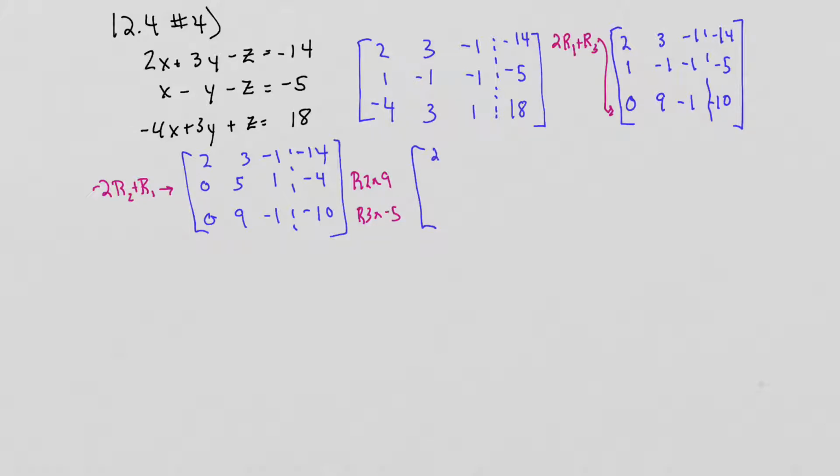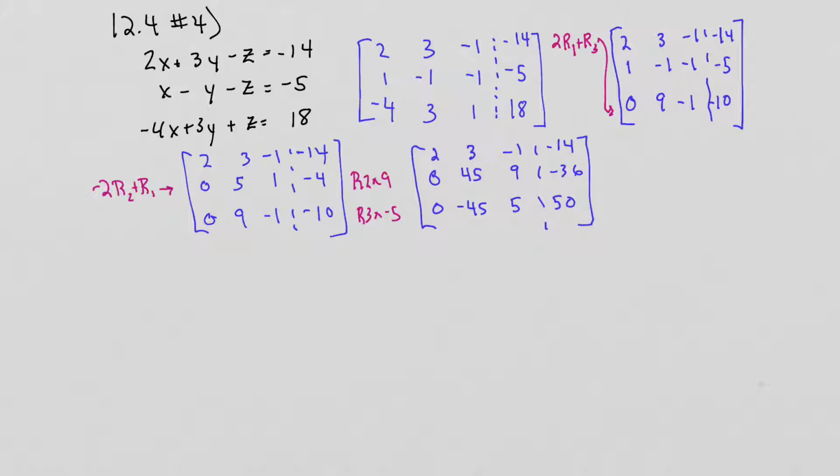I'm not doing anything to the first row. Row 2 times 9, so 0, 45, 9, negative 36, and row 3 times -5: 0, negative 45, 5, and 50. And again, I pause and I double check my arithmetic.